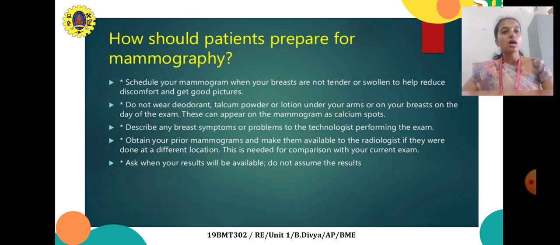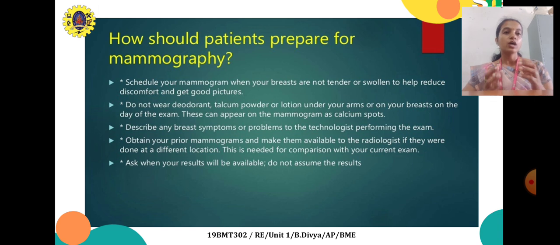Next, how should a patient prepare for mammography? What should he or she do? Schedule your mammogram when your breasts are not tender or swollen, to help reduce discomfort and get good pictures.